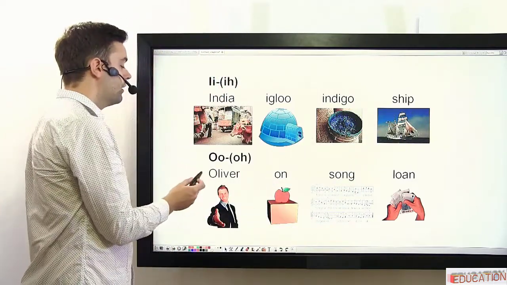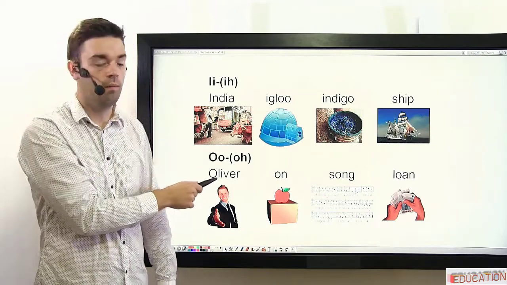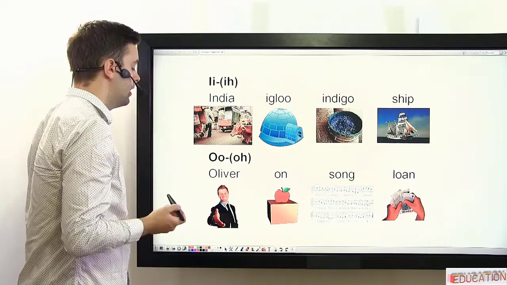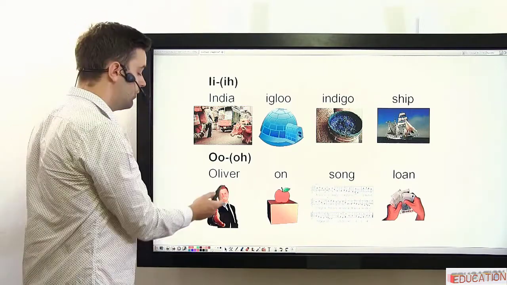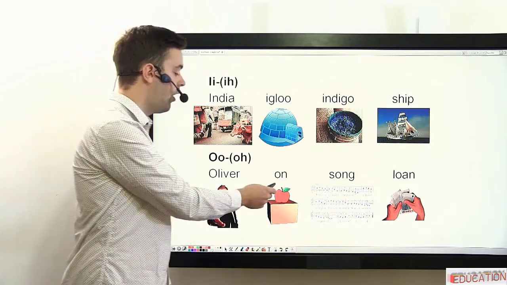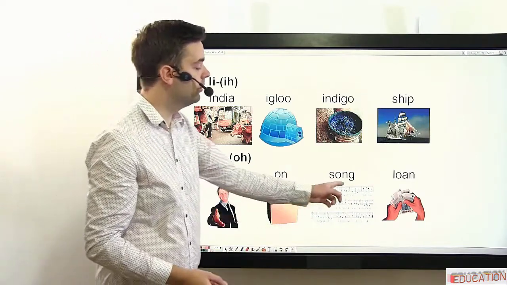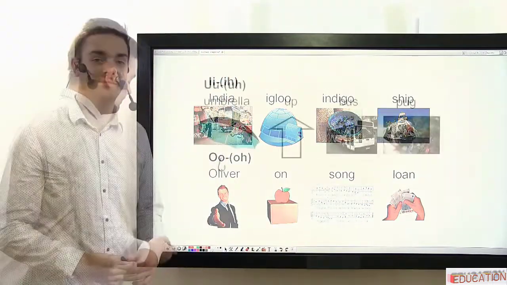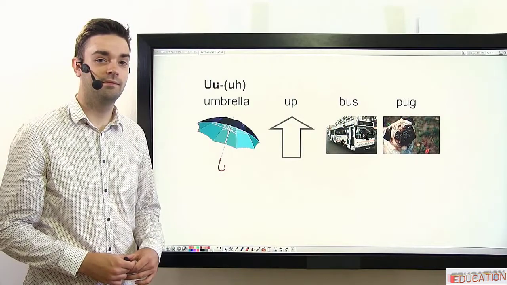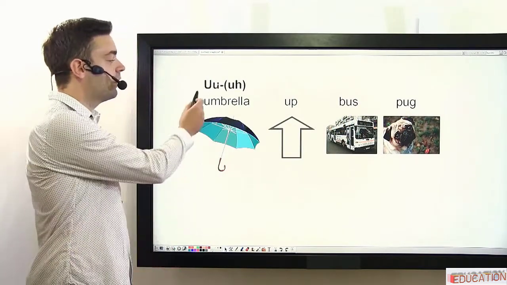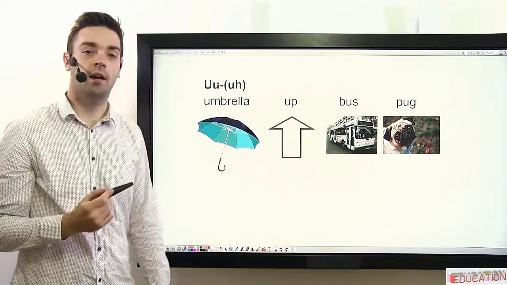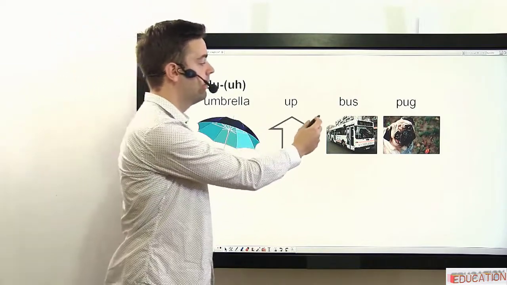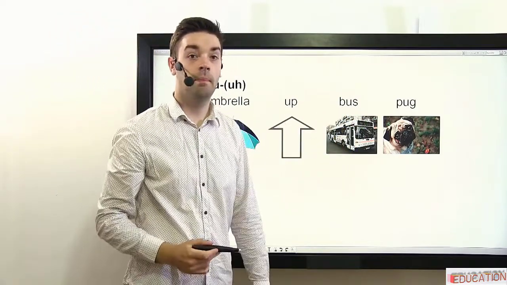Next we've got O. So O sounds like O. So we've got Oliver, on, song, loan. Next we've got U, which makes an uh noise. So umbrella, up, bus, and pug.